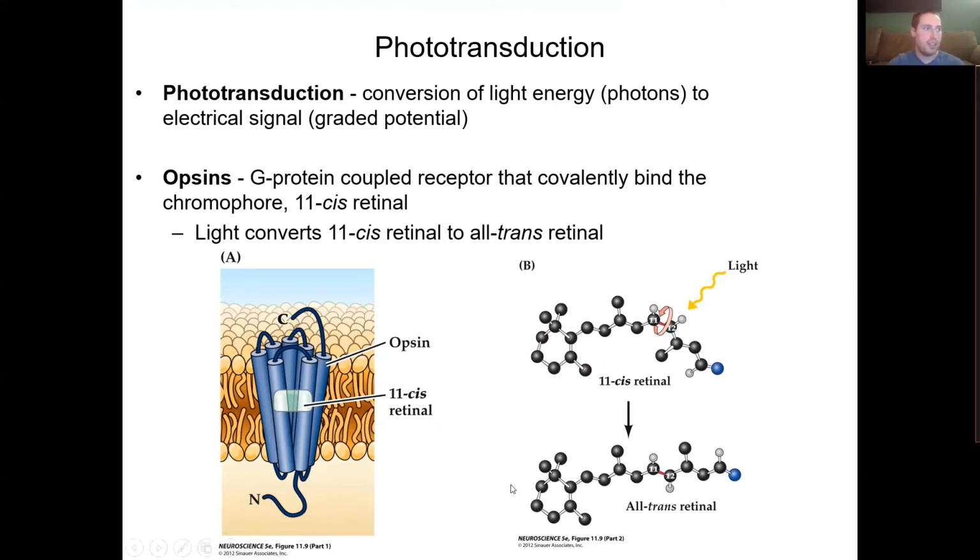And this chromophore is 11-cis retinal. When a photon hits it, it converts the molecule from 11-cis retinal to all-trans retinal. And that conformational change activates the opsin that it's bound to.